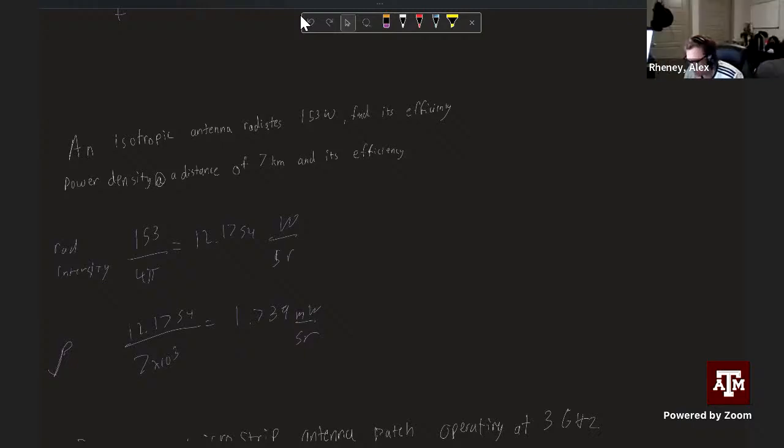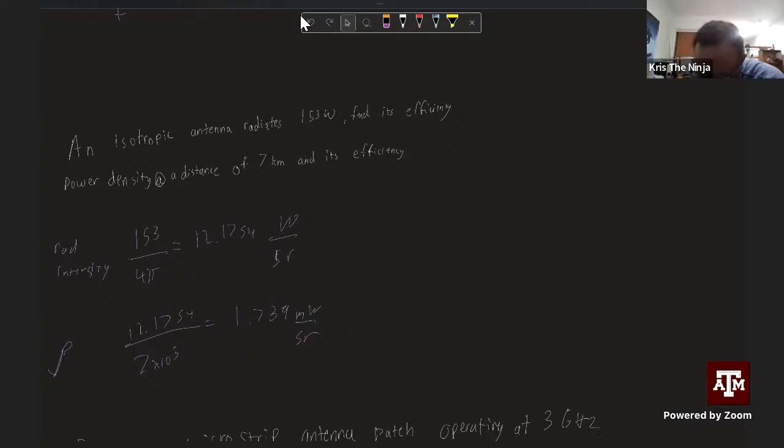So if we're assuming that the radius, little r, is the distance, that's r squared times the power density, right? It'd be 4,000 squared times the 1.739 milliwatts. Wait, where'd you get 4,000? Not 4,000, 7,000. Oh yeah, 7,000.